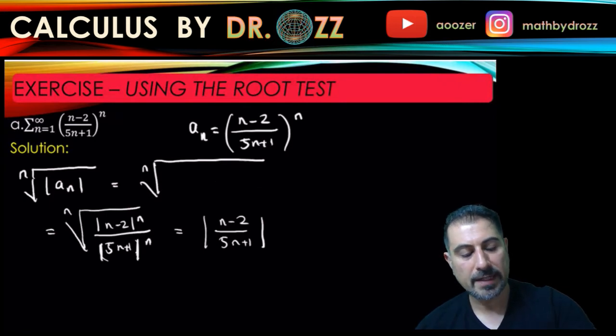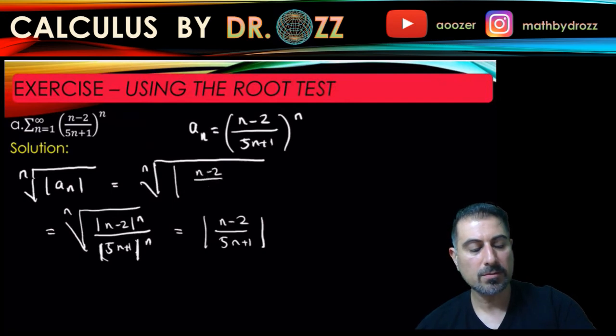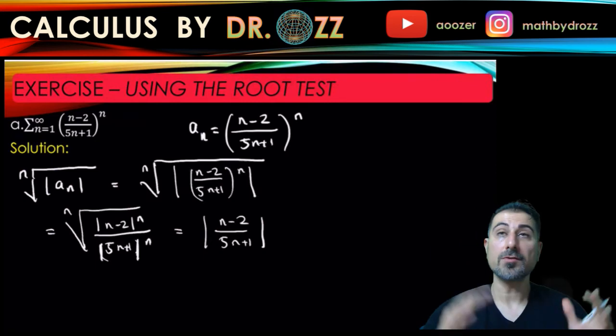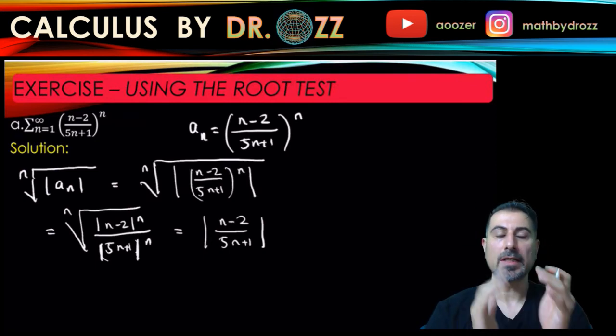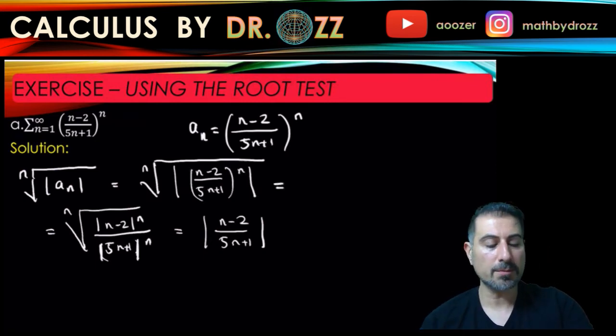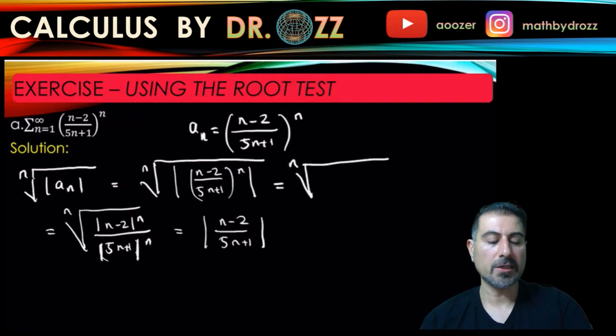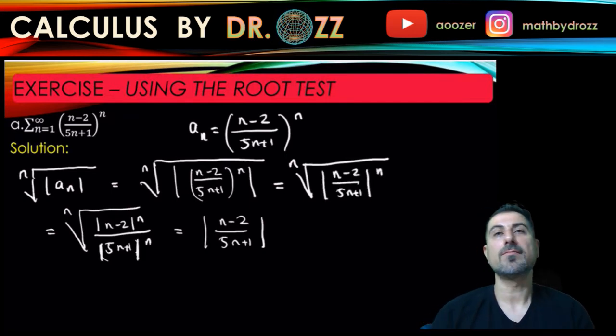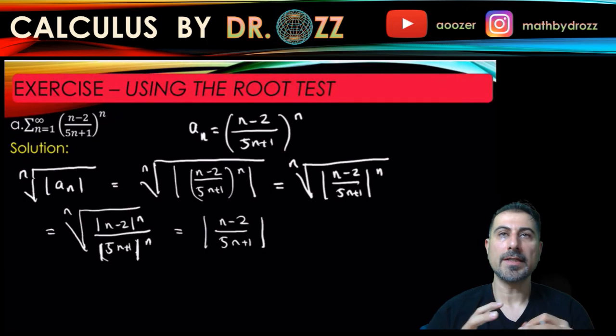It is in fact the absolute value of (n minus 2) over (5n plus 1), raised to the power of n, but you can also always put the absolute value inside, as I did. Let me put one more step here to be very clear. It is equal to the absolute value of (n minus 2) over (5n plus 1), to the power of n. That's something that we use in algebra; that's how we put the absolute value inside that expression.